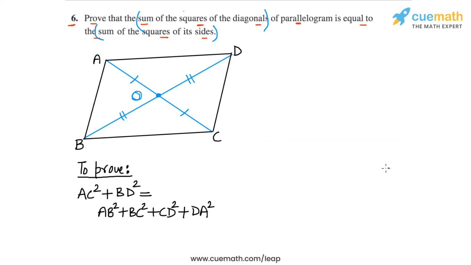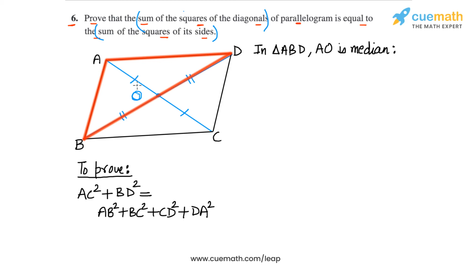Okay, now let's apply this result first to triangle ABD. So in triangle ABD, because O is the midpoint of BD, we can say that AO is a median for this triangle, correct? So the sides AB and AD contain this median.